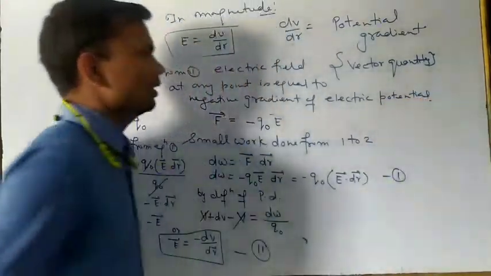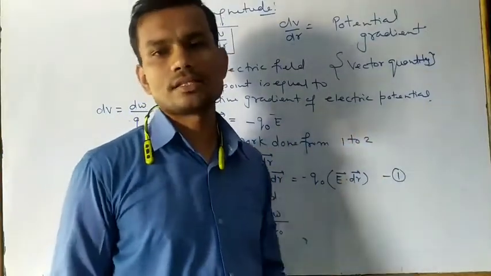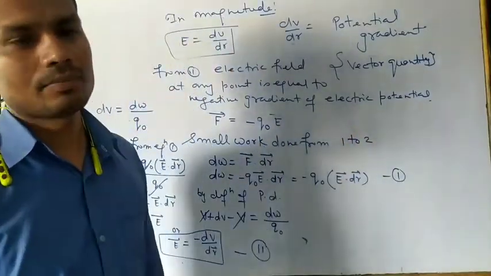Negative gradient of what? Electric potential. So this is the complete discussion of the relationship between electric field and the electric potential.